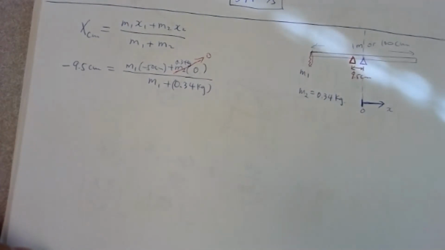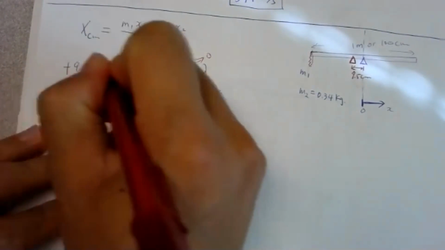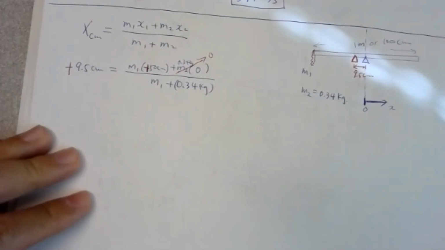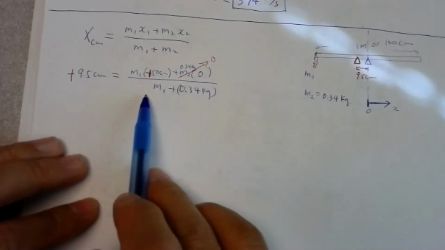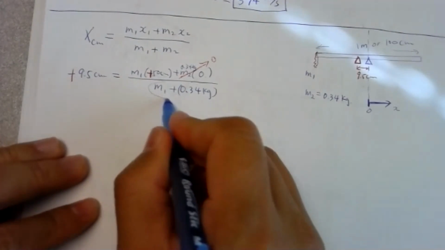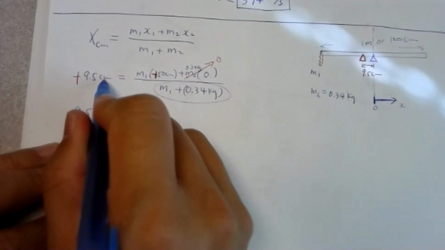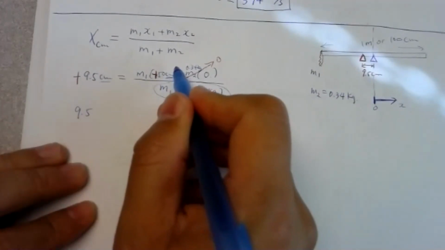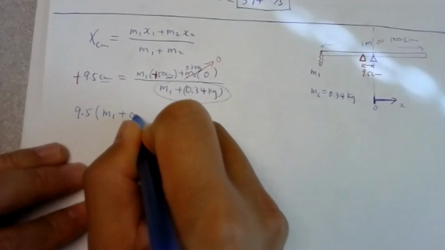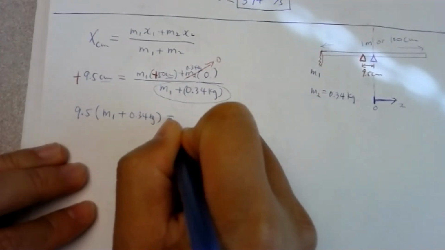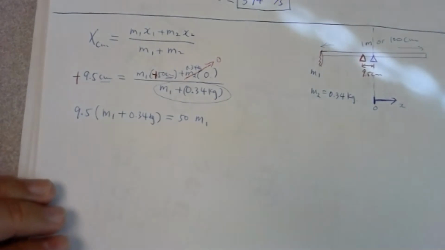You also will realize that the negative on the left and the negative here cancel out and become positive. Then you'll be solving for m1 here, so you can multiply both sides by the denominator. So 9.5, and centimeter and centimeter cancel out, so you can leave out the units for right now, times m1 plus 0.34 kilogram equals 50 times m1.